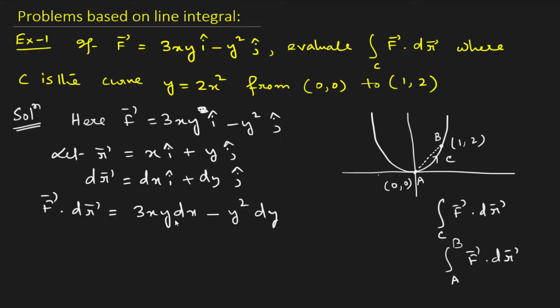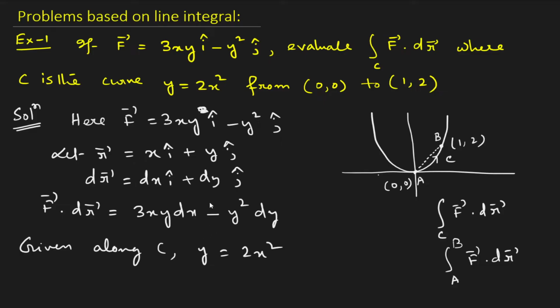Now here we have dx and dy. What is the curve given? The curve is given along C for y equals 2x square. See, there are two variables, x as well as y, and both variables are mixed up. Because it is a single integration, there should be only one variable. This is very important.